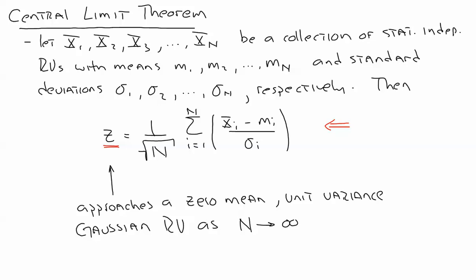It means that the PDF for z is a zero mean unit variance Gaussian. The approximation generally is best if n is greater than or equal to, say, 30. Once you get above 30 independent random variables, then the zero mean unit variance Gaussian approximation gets really good. Let me write some stuff down here in the corner.